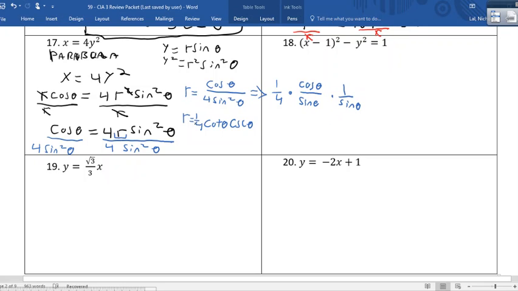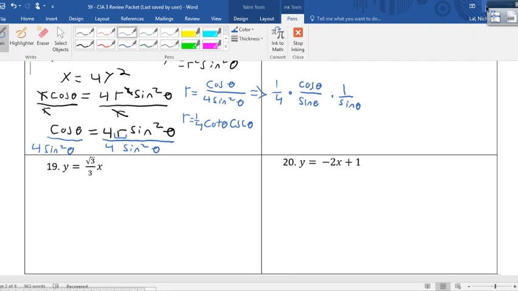So that's how I get 1/4 times the cotangent of theta times the cosecant of theta. What I'm doing here is I have 1/4. I can factor it with 1/4. Cosine over sine is cotangent. 1 over sine is cosecant. So that's what I'm doing.